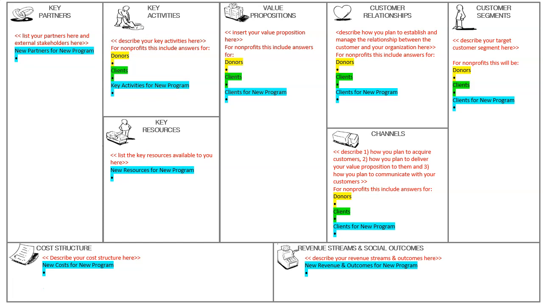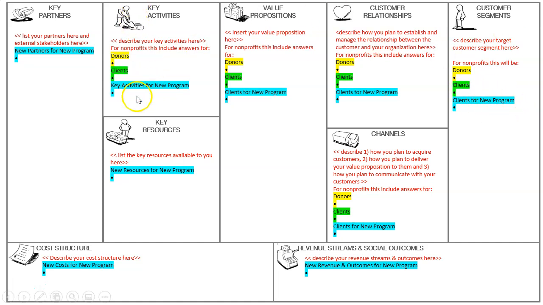And for the nonprofit sector, part of what you have to realize is that you have essentially two groups you're always serving. You're serving donors and you're serving your clients. And then if you're using this to launch business models for a new program or product, then you would have a third category.